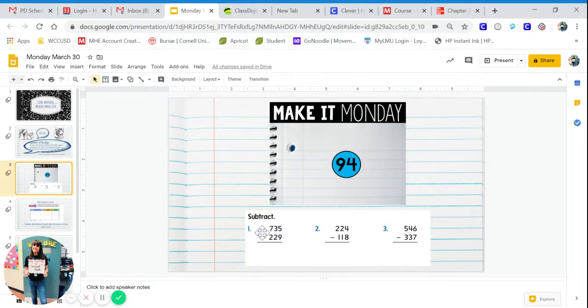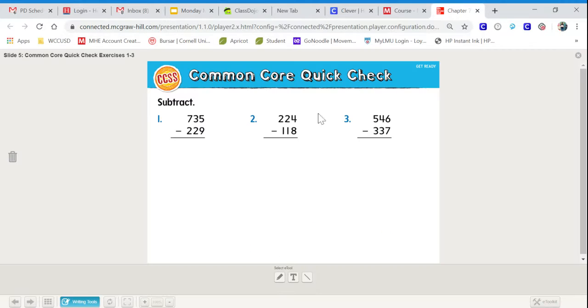Our first problem today is over here, number 1. I want you to try to read this: 735 minus 229. Again, you can pause this video, but we're going to do this first practice problem together, okay? I want you to think about this number and what we're going to do first.